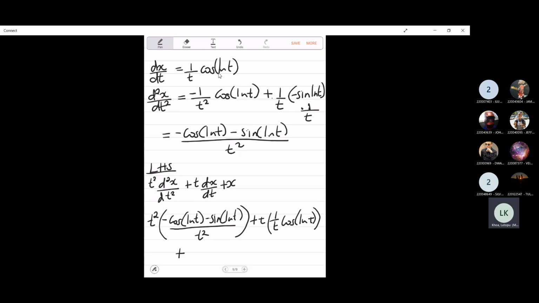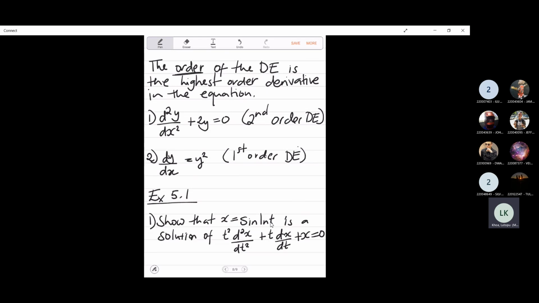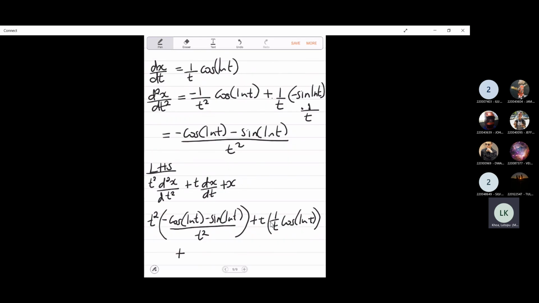Remember, x is sine ln of t. And this is what we need to show is equal to 0.